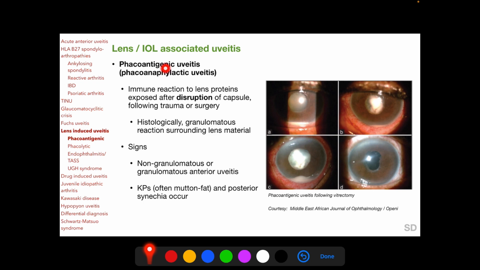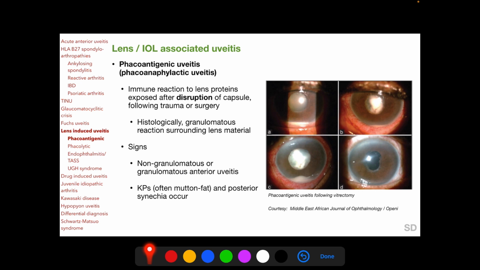In phacoantigenic uveitis, also known as phacoanaphylactic uveitis, there is immune reaction to lens proteins exposed to the aqueous humor after disruption of the lens capsule following trauma or surgery, and histologically granulomatous reaction is found surrounding the exposed lens material. So this is a patient showing phacoantigenic uveitis following vitrectomy, during which there was disruption of the posterior capsule.